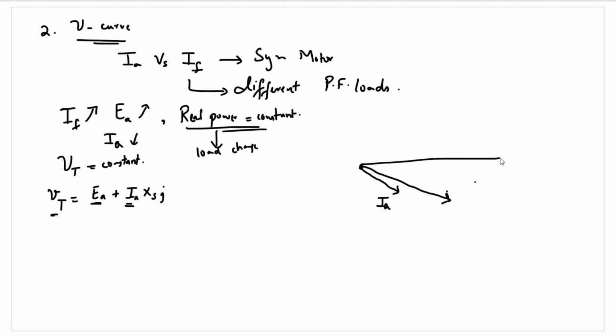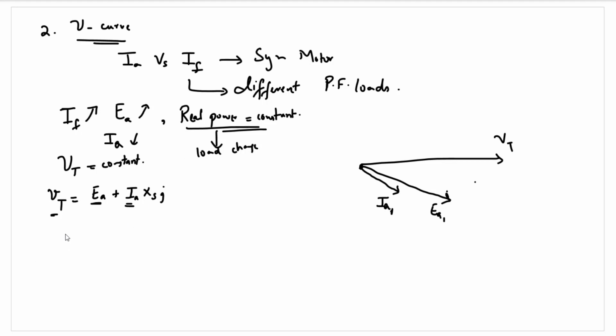So this is my Vt, and somewhere around here is Ea. So let this be Ia1, this be Ea1.